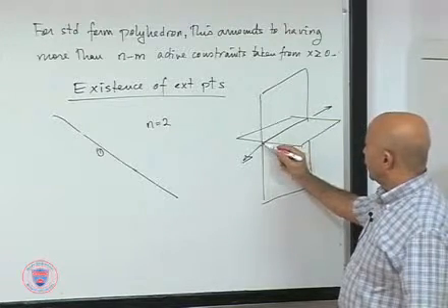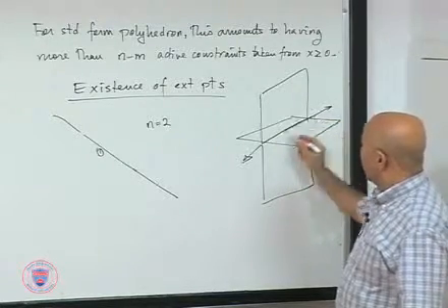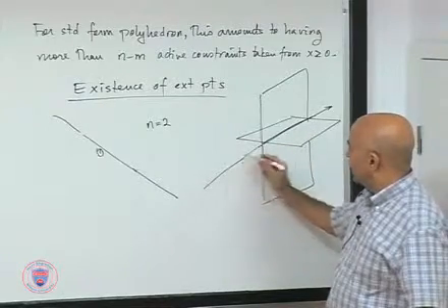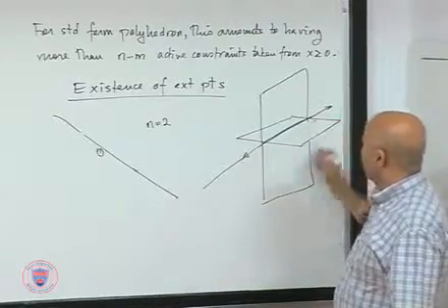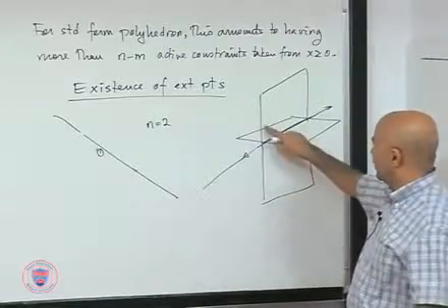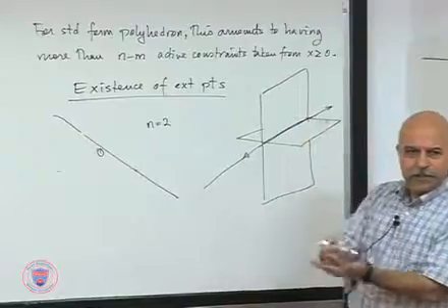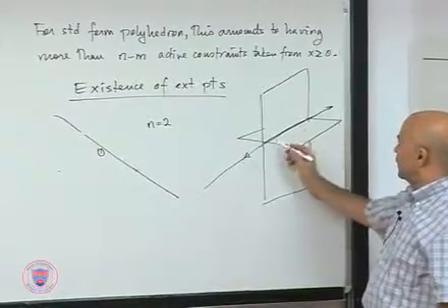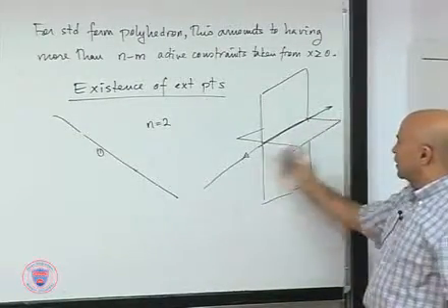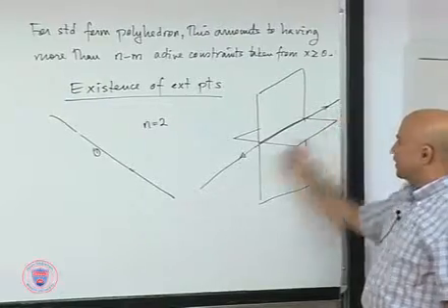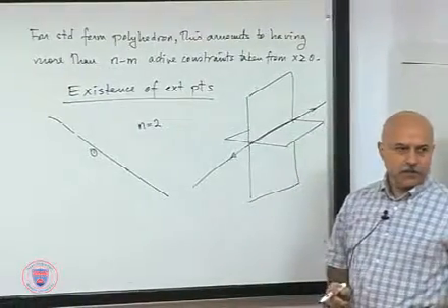So the feasible region is this one. Can you envision what's going on? You've got two hyperplanes intersecting, but the intersection is this entire line. There's no extreme point here.